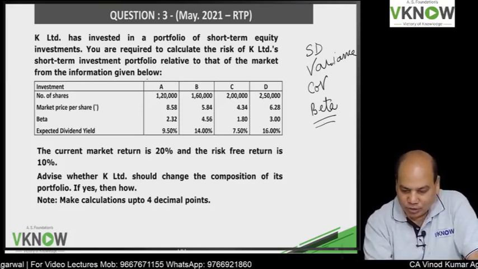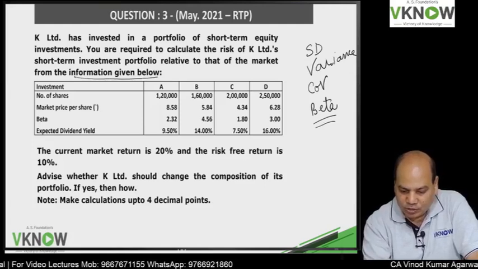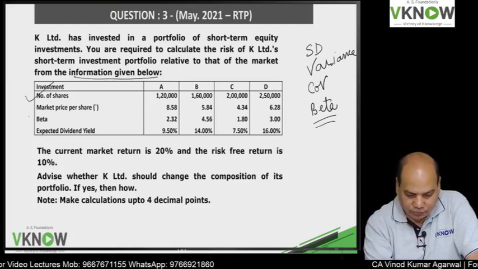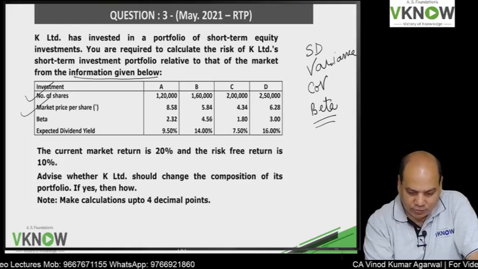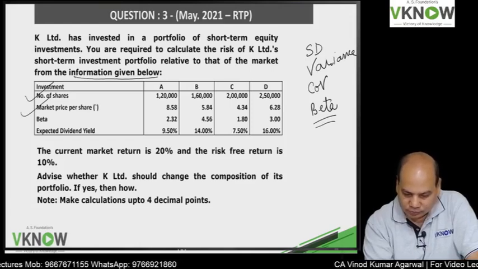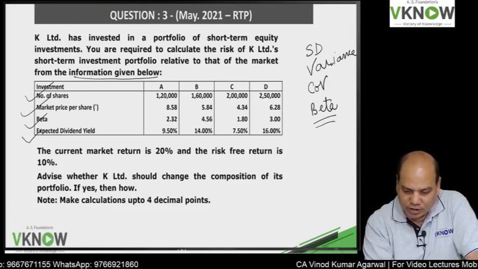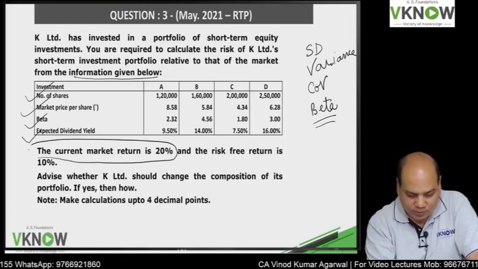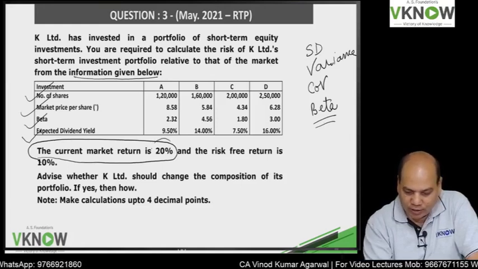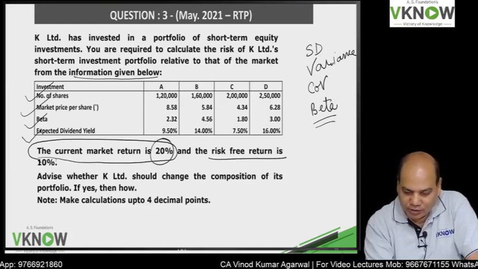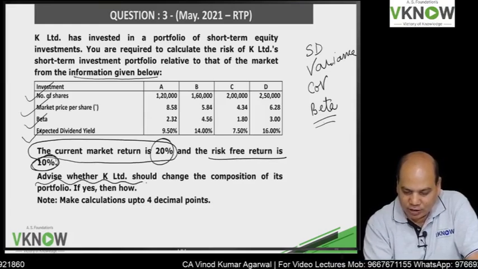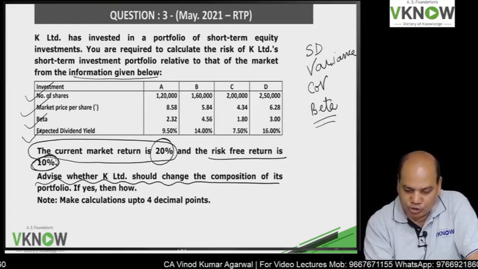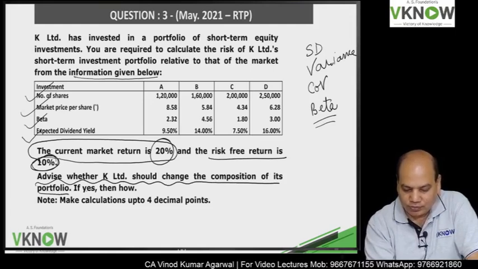Keep thinking. From the following information given below, number of shares is given, market price per share is given, beta is given, expected dividend yield is given. The current market return is 20%, RM, and risk-free return is 10%, RF. Advise whether K Limited should change the composition of its portfolio.